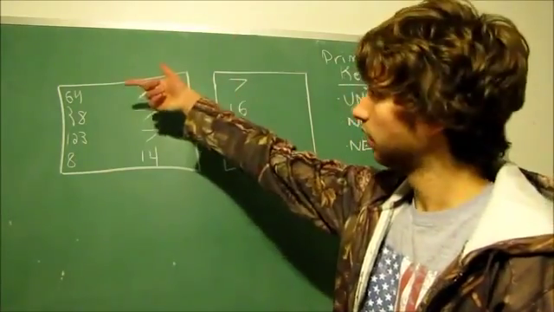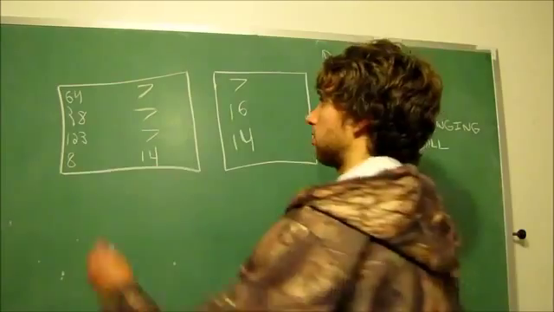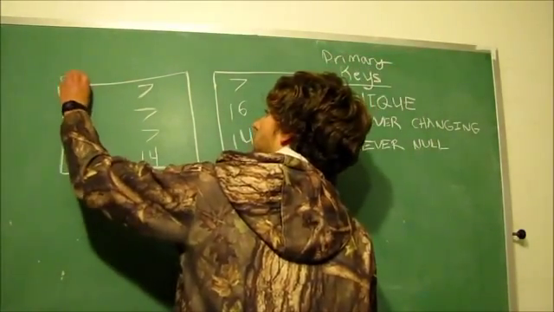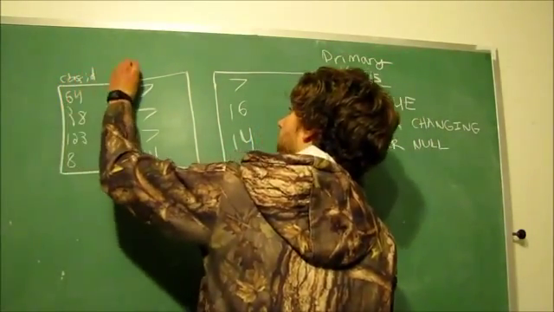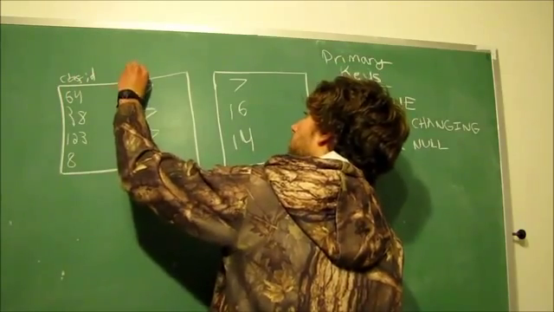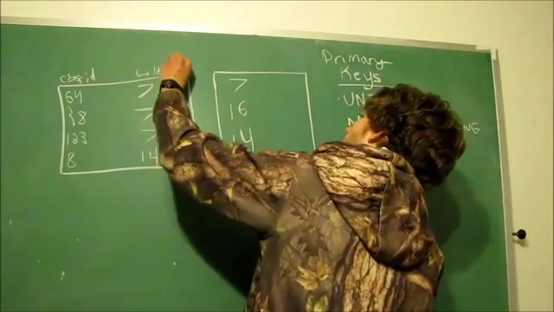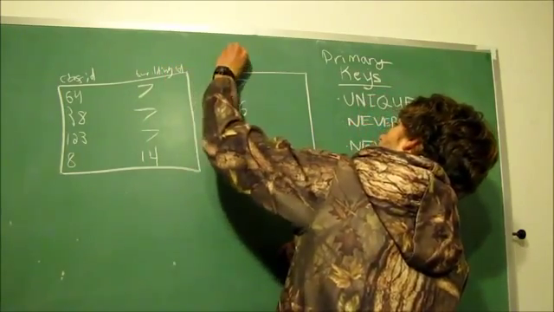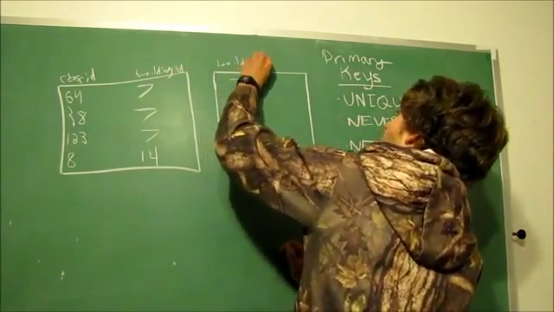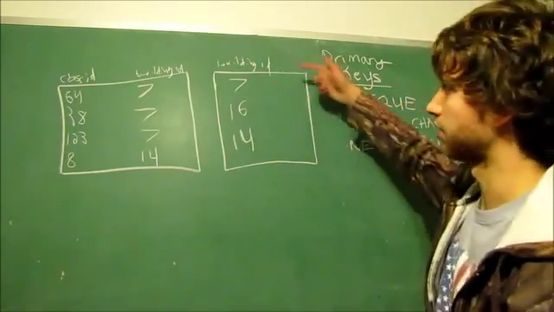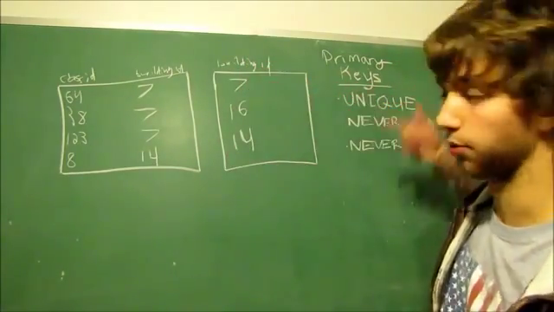So here's just an example. So over here we got the class ID. We got the building ID. And then we can have more information about the building here if we wanted.